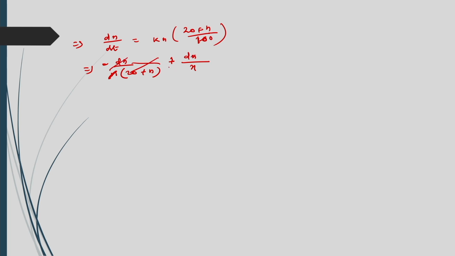Okay, we can write it finally in the more simplified form that we have written earlier also: dN by N minus dN by (20 plus N) equal to k by 5 into dt. Now, this is your equation.